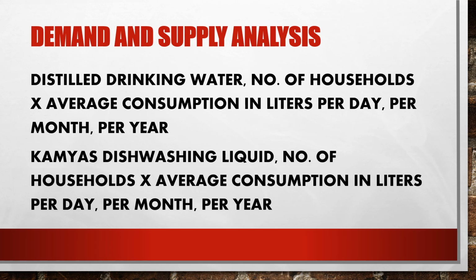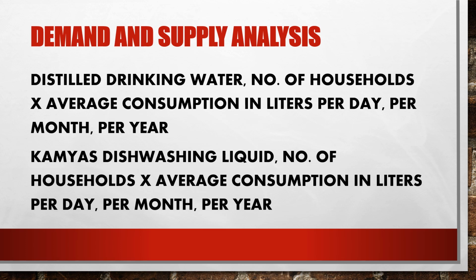Another one, for household consumption, if we have Kamyas dishwashing liquid, the same procedure: we start with households, then the average consumption in liters of the dishwashing liquid. From per day, we get per month by multiplying by 30, then multiply by 12 to get per year.